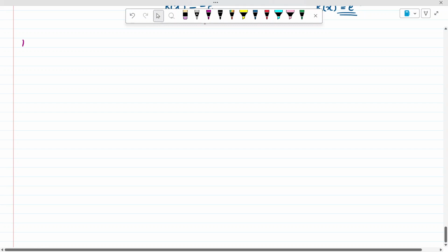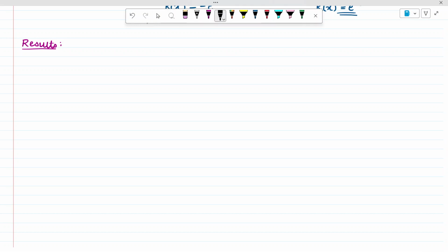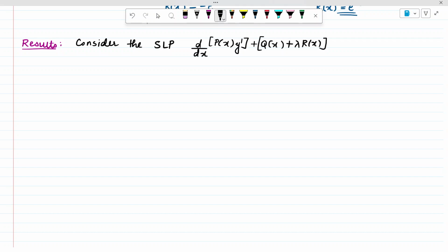Yeah. So these are the results. So let's start with the SLP standard form. d by dx of p of x into y dash, plus q of x plus lambda r of x into y equals 0.